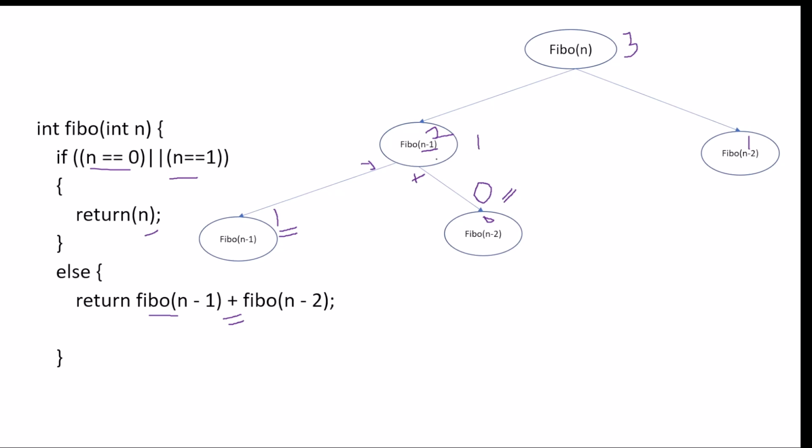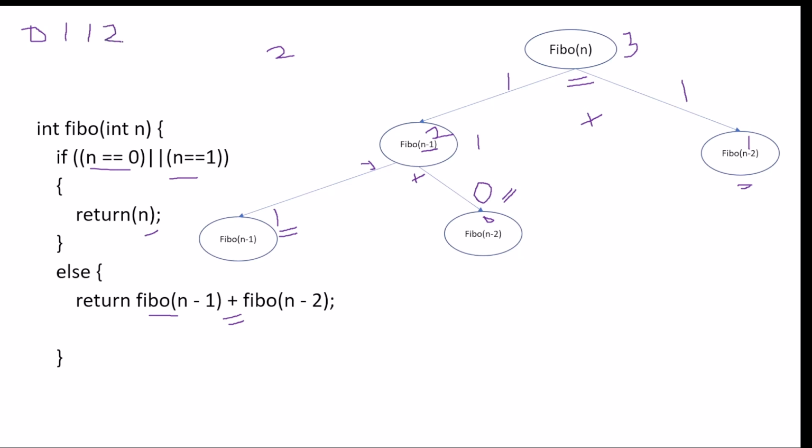Again this function is called by the base function, Fibonacci of n equal to 3. Here 1 is returned, so the value is 1. Again here n minus 2, the value is 1. 1 plus 1, the value is 2. We all know the initial numbers for Fibonacci are 0, 1, the next value is 1, and the next term will be 2.